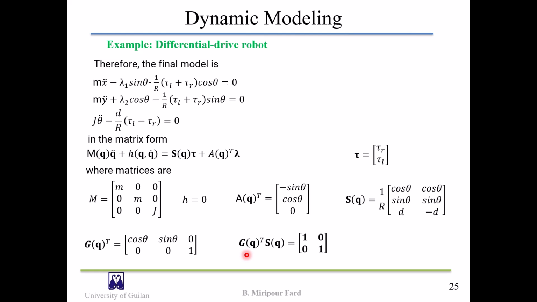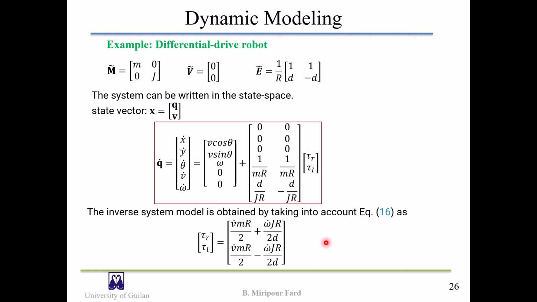Note that the multiplication of G transpose and S equals a 2 by 2 identity matrix. The common state space model, equation 17, that includes the kinematic and dynamic model, is determined by matrices as you can see in this slide.